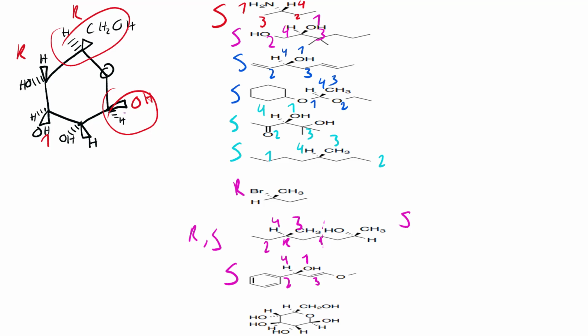And what do I prefer? Well, I'd rather prefer the alcohol, right? So I'm going to say that this is number 2, this is going to be 3, and that's going to be 4. So it's 1, 2, 3. Hydrogen is in the back, so for sure that's an S configuration. That's an S configuration.